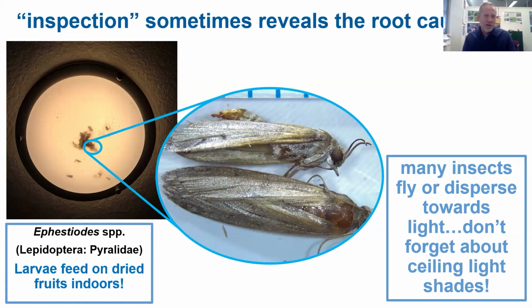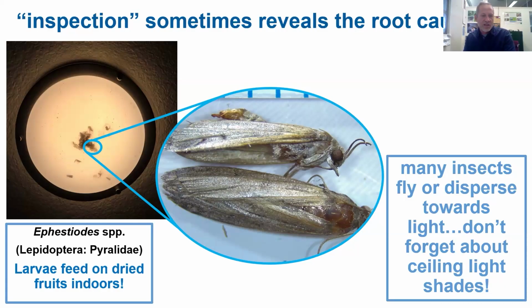So there was never really a good identification made. But when I went to the site to help them, we saw this light shade filled with moths, or filled with something. We opened up that light shade and were able to see that, in fact, these were probably the moths that the resident was seeing. An identification revealed that these were not clothes moths. These were pyralid stored product moths.